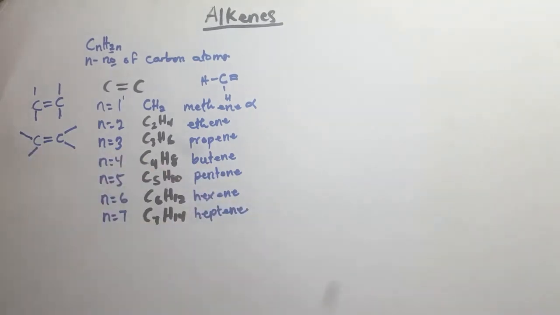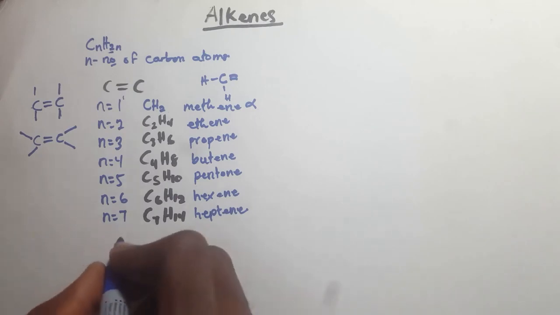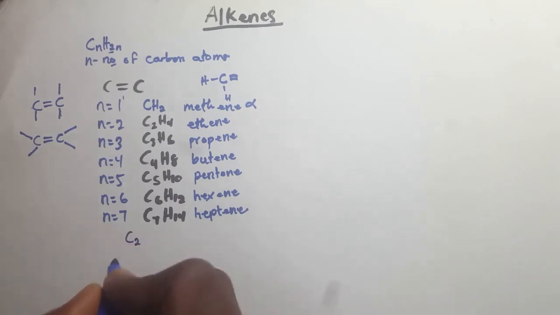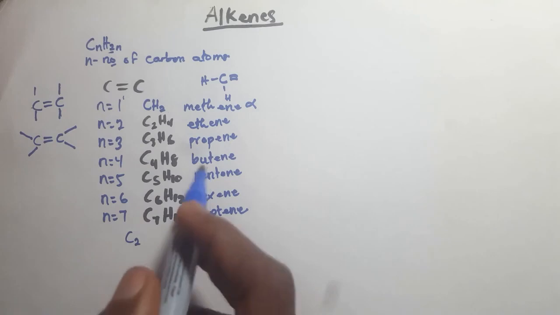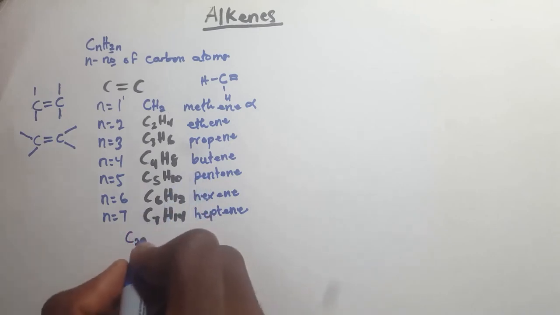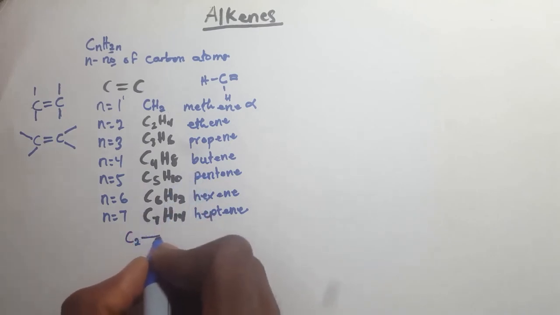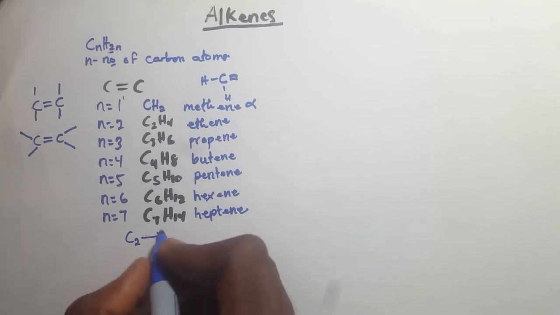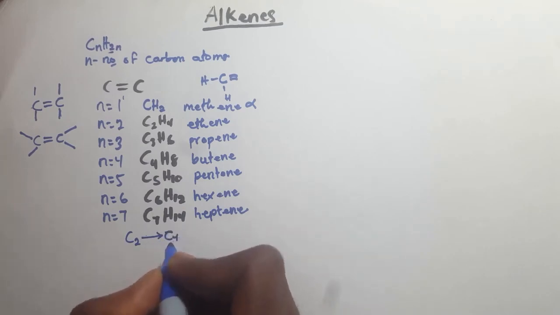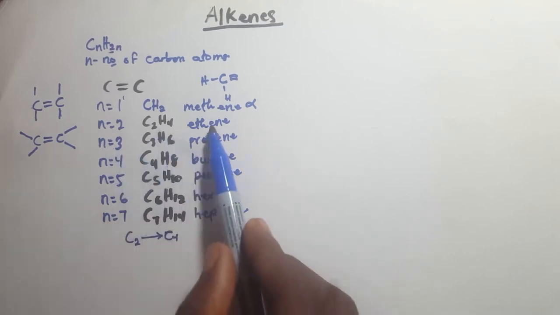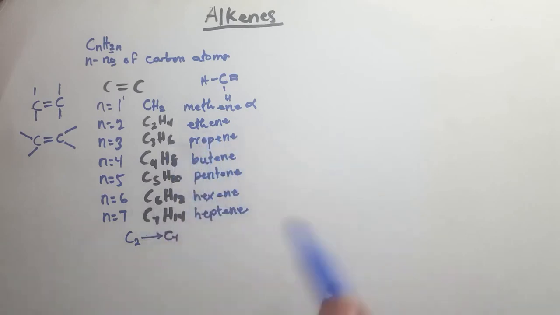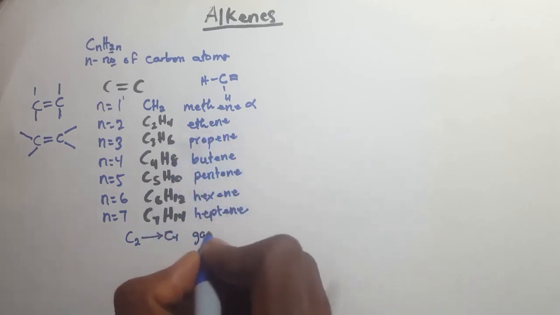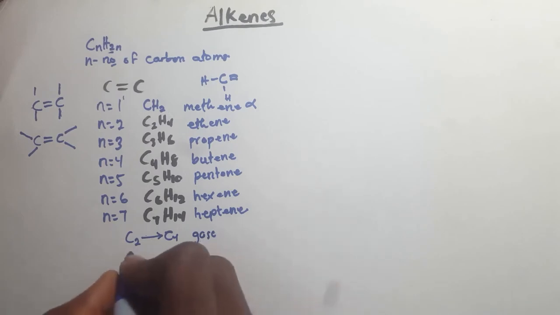Now let's look at some physical properties of alkenes. Which of them exist in the gaseous state, which in the liquid state, as well as the solid state. The first member of an alkene is ethene. So alkenes with carbon atoms from C2 to C4, meaning ethene to butene, exist as gases.